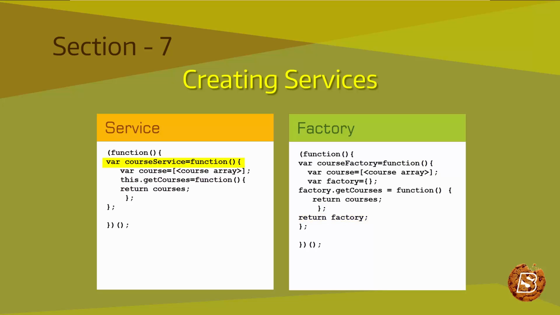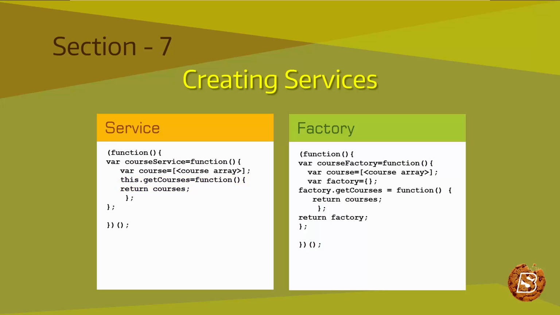But over here in services, you will notice that the function which we are assigning to the course service is actually the object. We are not returning anything or defining any custom object over here. The second difference you will notice in this code is, rather than creating a custom object, we are just making use of this keyword, and then we're defining the getCourses method and returning the courses over here.